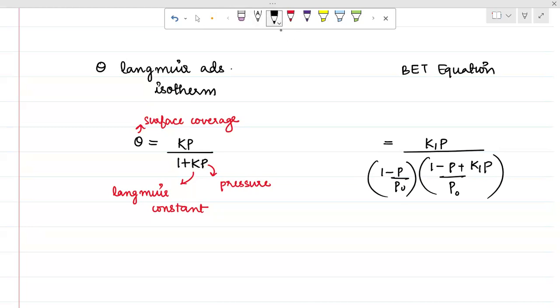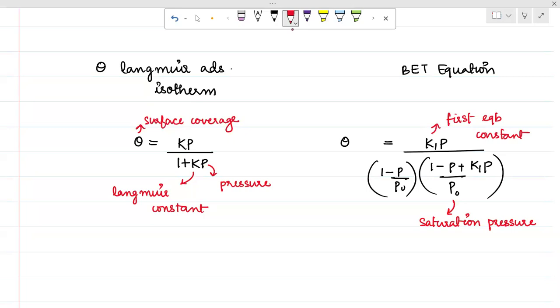This is how that equation is written, where P is the pressure of the gas, and P naught is something new. P naught is the saturation pressure, that is the maximum extent to which the gas can adsorb onto the surface. After this pressure, the gas will liquefy. And K1 is the first equilibrium constant.